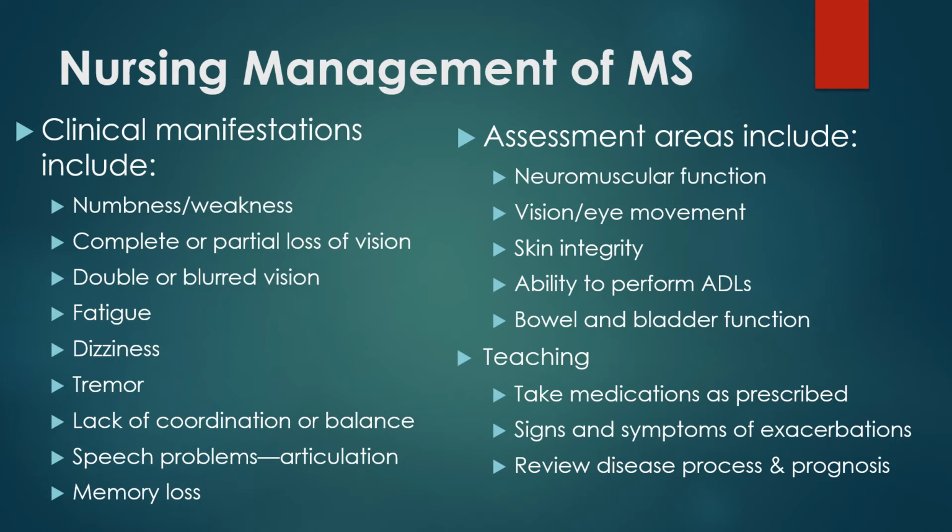Also, in order to receive the earliest treatment possible, your patient must be aware of the early signs of exacerbations. It may be helpful to review the disease process to increase your patient's understanding and enhance their ability to make informed choices.